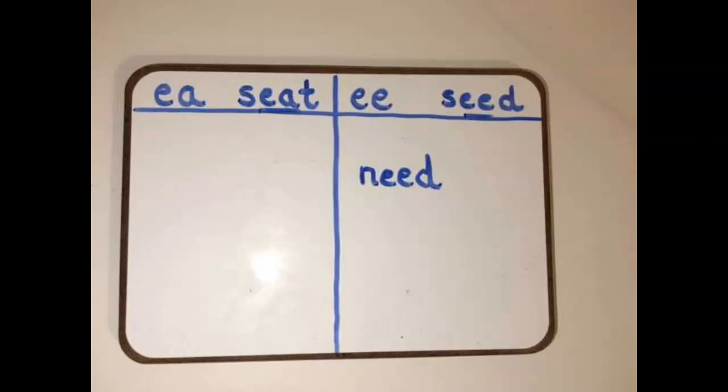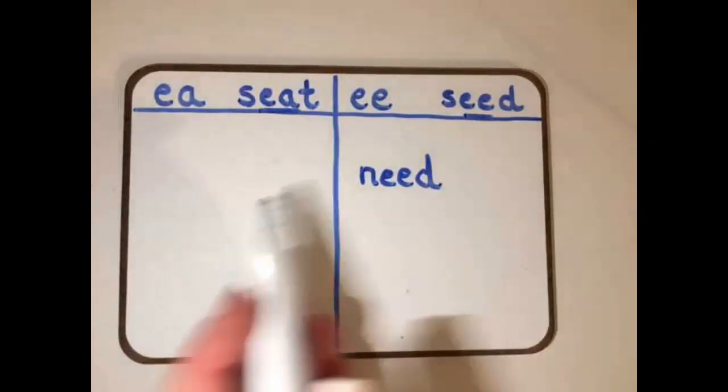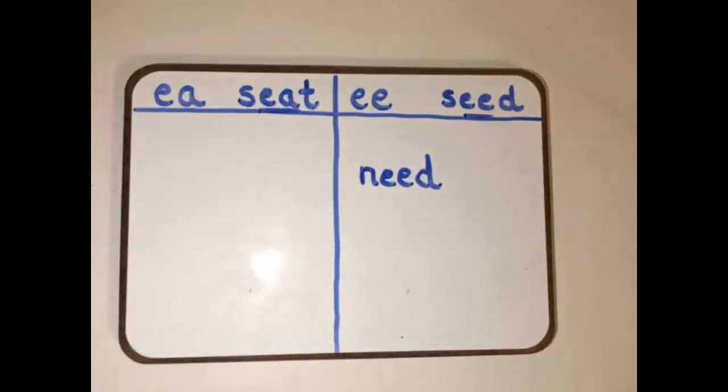Remember that you can pause the video at any time that you need to catch up, if you needed to erase a word, write a word, okay? Now we're going to write the word neat. My teacher says that my desk should be nice and neat. Neat. Please pause the video and write neat.